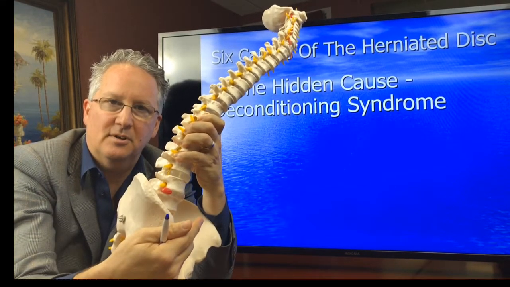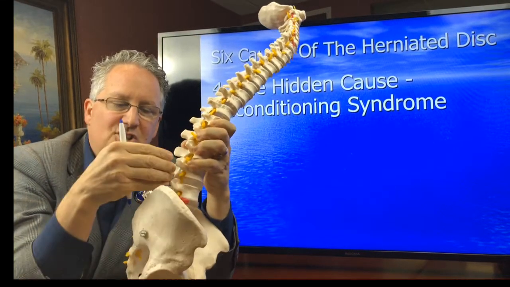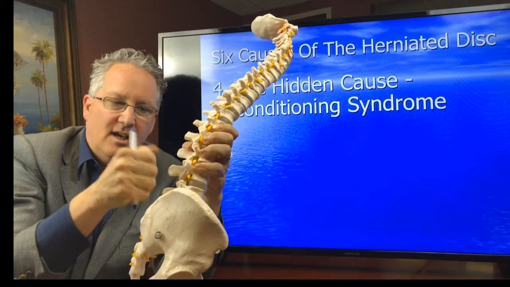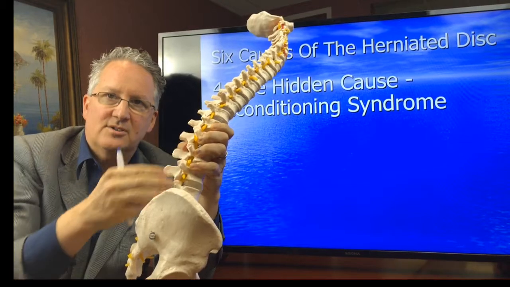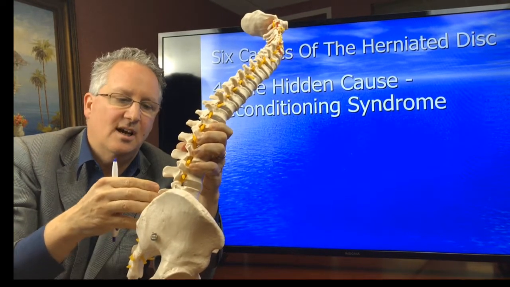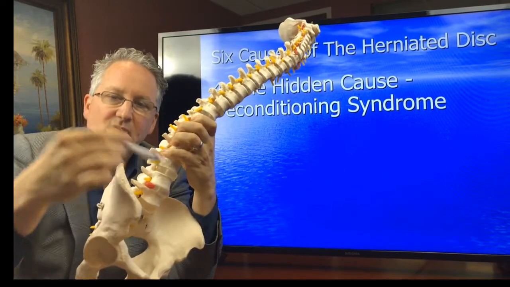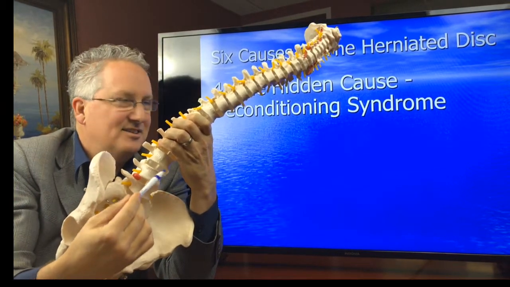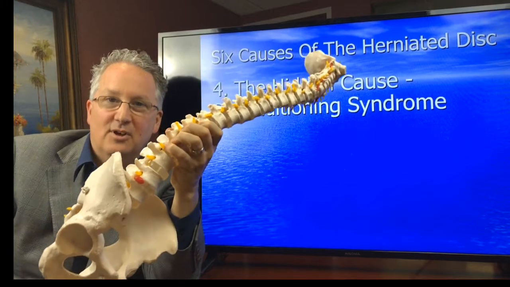It's called reciprocal inhibition. Reciprocal inhibition changes the amount of muscle tension. And when you change the load and the muscle tension on the discs over time, what happens? Muscles go out of balance, the discs start to break down. And as the discs start to break down, then you'll develop the herniated disc.